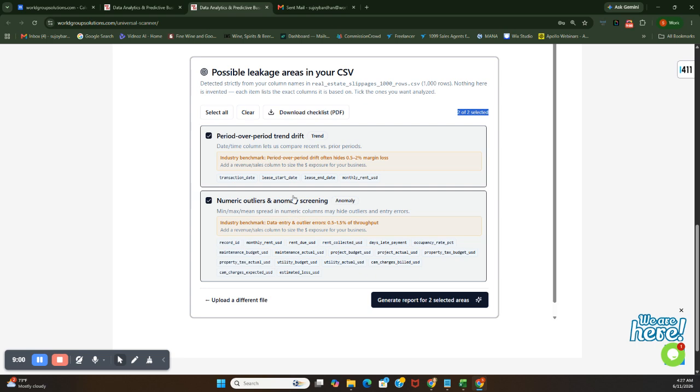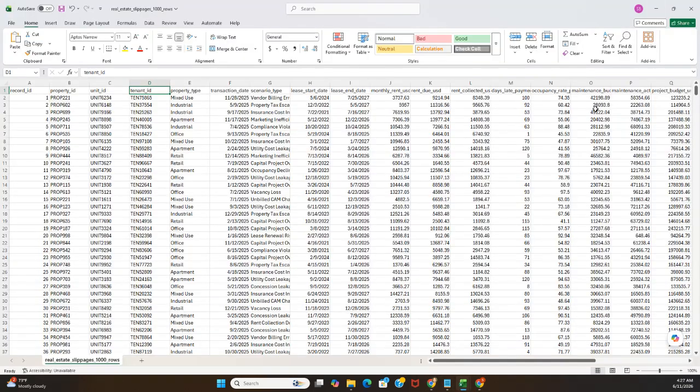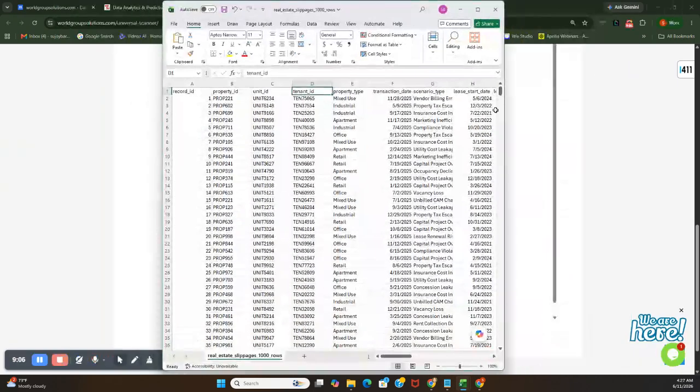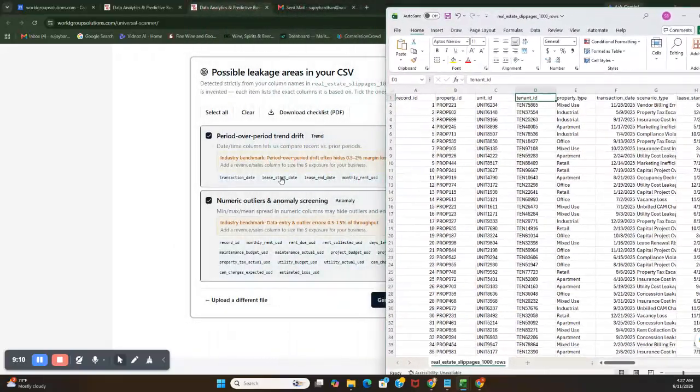But when you look into the data, let me see if I can bring up the data here. When you look into the data, there's no way you can make out what it is telling you versus what it's trying to get to. But yes, you can make sure that it is looking into transaction date. It is also looking at lease start date, which is probably this one.